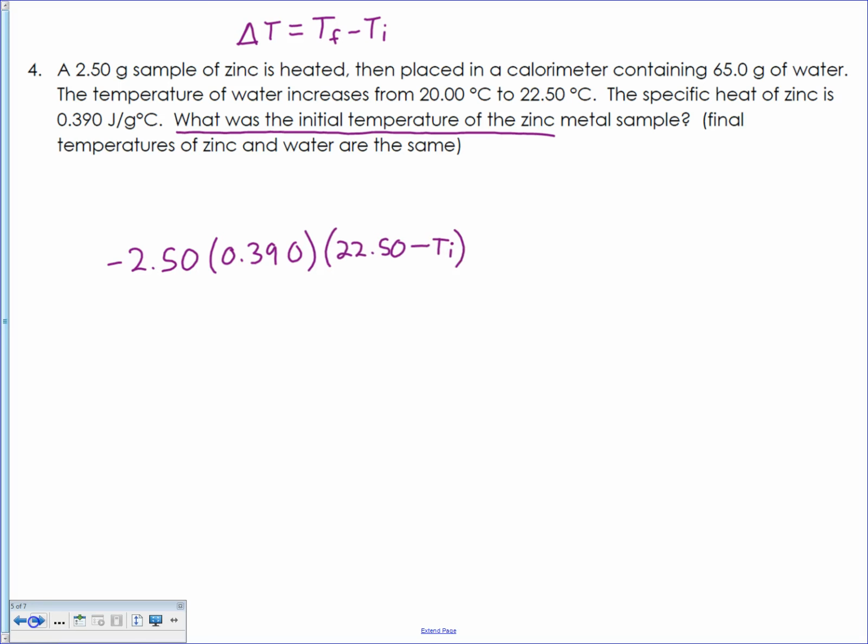Because again, remember that delta T term is just TF minus Ti. So our final temperature is 22.50. Our initial temperature is Ti, and that's the unknown in this case. For the water, it starts out at 65.0 grams times 4.184 for its specific heat, times its change in temperature, which is 2.50 degrees.